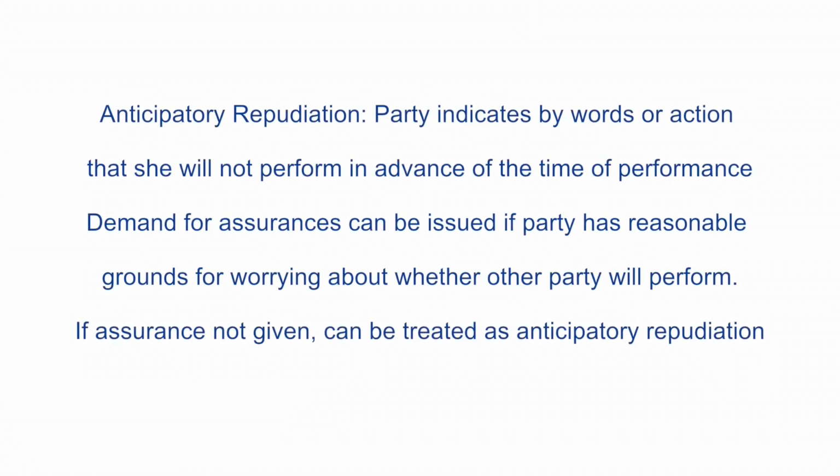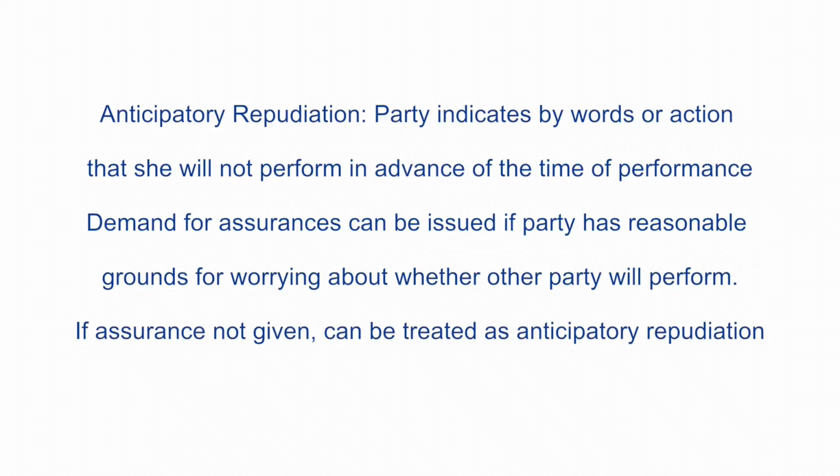Now, there's also a thing called anticipatory repudiation, where the party indicates by words or actions that she will not perform in advance of the time of performance. So if I say, I'm going to pay you $100 to paint my fence on Wednesday, and you contact me on Tuesday and say, you know what, I'm not going to be able to come on Wednesday.